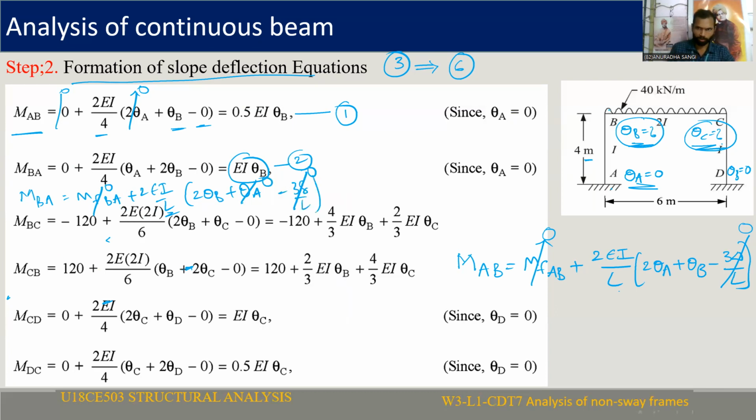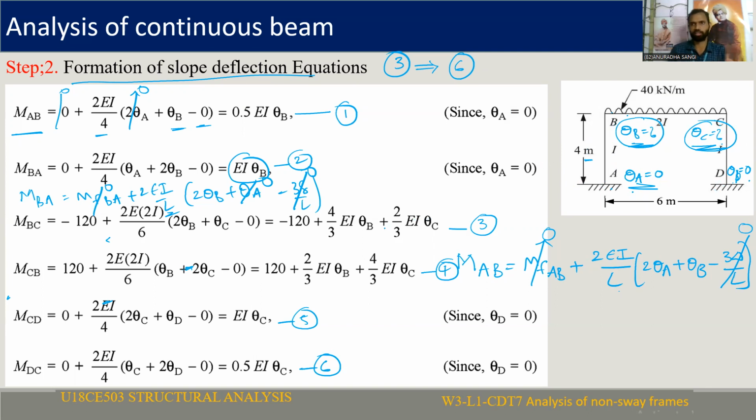Similarly, for the BC member and CD member, if you write the slope deflection equations, these become equation numbers 3, 4, 5, and 6. The only thing you need to substitute is theta A 0, theta D 0, MFAB and MFBA 0, MFCD and MFDC 0, and L is equal to 4 meters for the AB span and CD span, L is equal to 6 meters for the BC span.